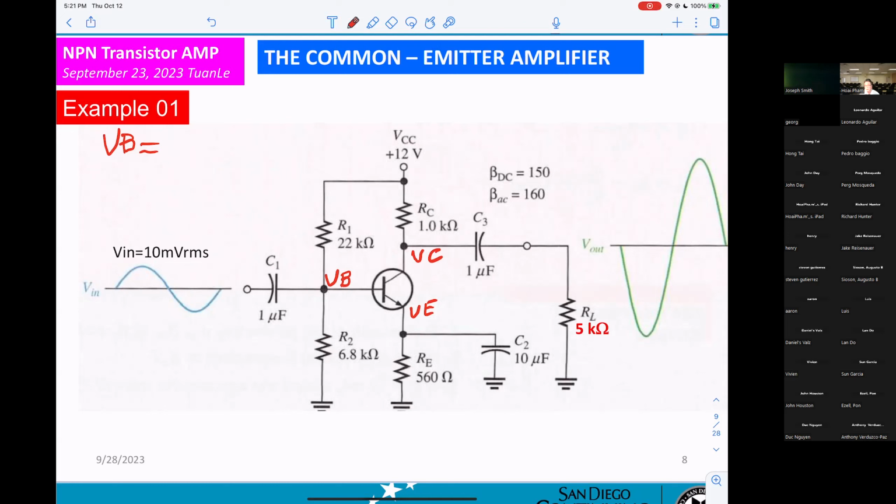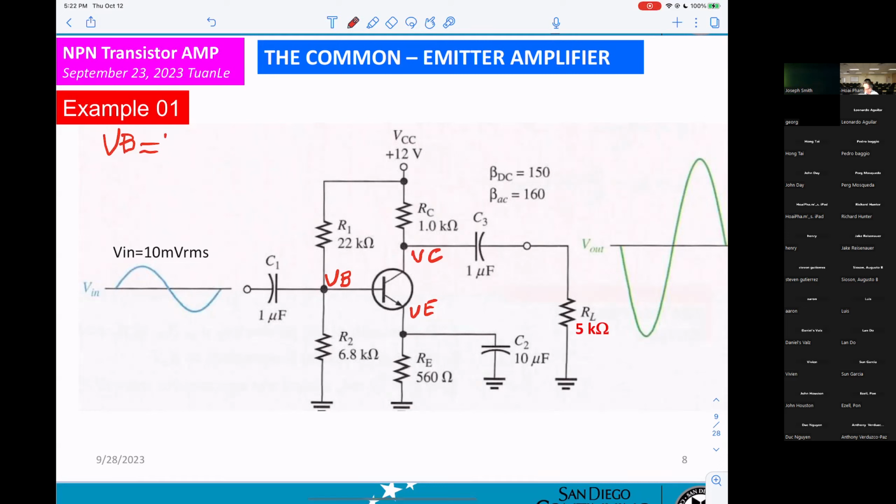What I would like you to do, you have to tell me quickly. It looks like I don't know how to do it. You tell me, what does VB equal? Okay, 0.7. I said formula. We don't do calculation. Wasn't it VCC times R1 over R1 plus R2, something like that?